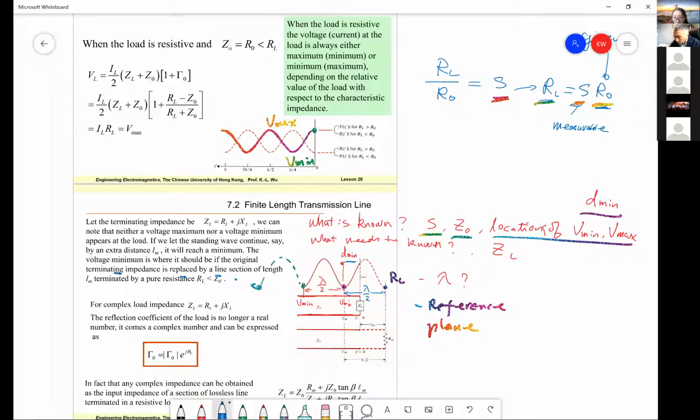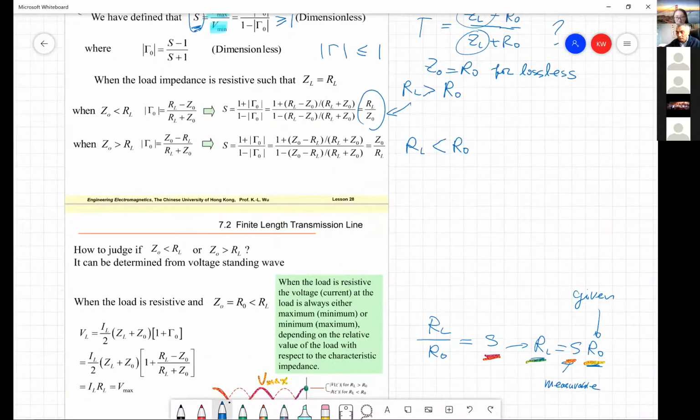This distance I call Lm. So if you know this value, you know this distance, can you find this Z? This is my load.